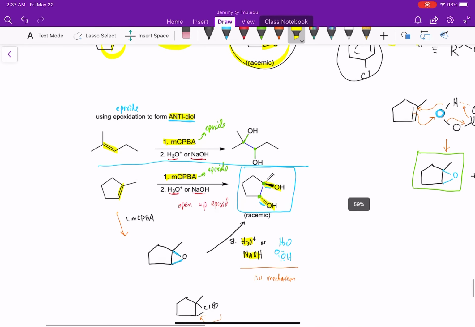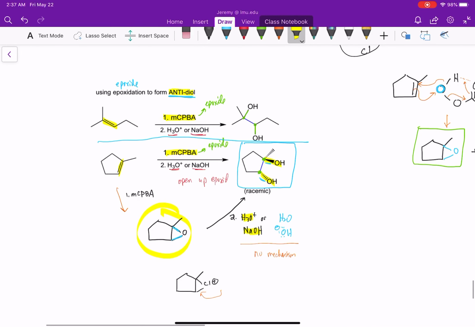We can then use that epoxide to form an anti-diol. In this example, because I started with the alkene, I had to have step 1 and then step 2. If I ever started with just the epoxide, we would only have to add the acid or the base.